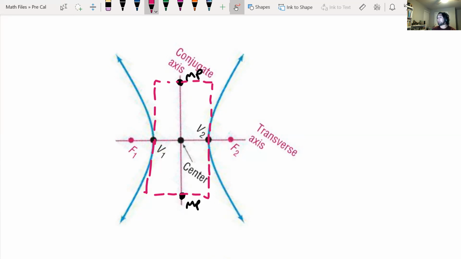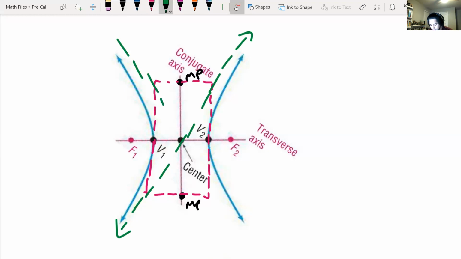What's cool about the fundamental rectangle is that your asymptotes will go through each corner and the center of your hyperbola. And your hyperbola follows along those lines. If I can get it straight enough, but you get it.